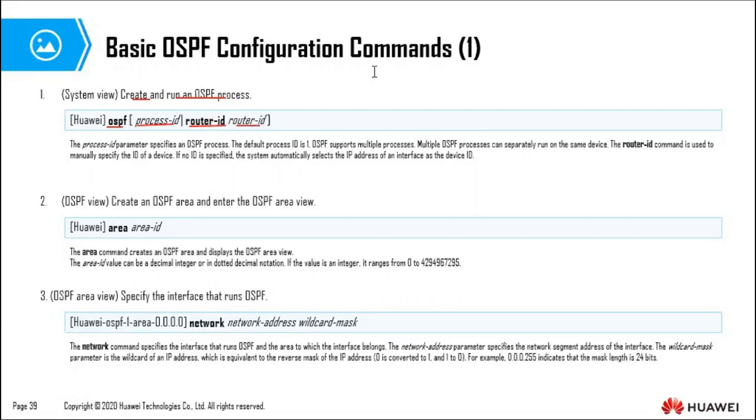So just as an example, quickly, we are in R1, so you type OSPF, then 1 for the process ID. So if you want, you can press enter here and you go to the next step. Otherwise, you can also configure a router ID manually using that command, then 1.1.1.1.